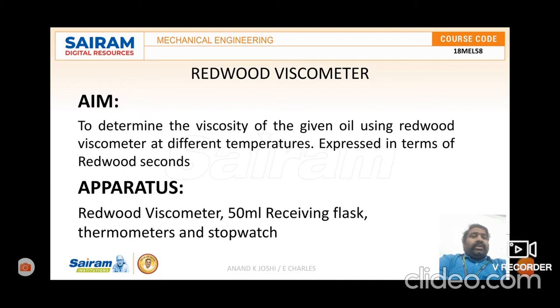Redwood was the engineer who proposed this experimental setup, and from it we are going to find out the viscosity of the given oil at different temperatures.